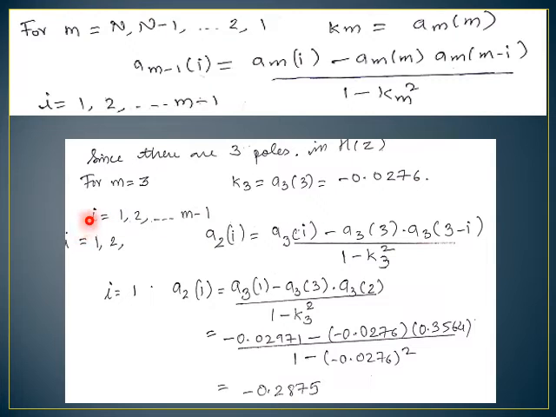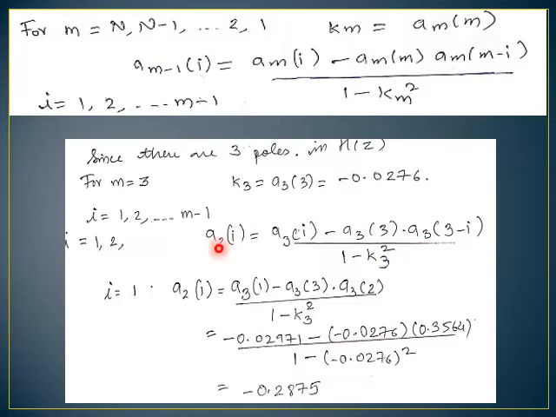Now the value of I is calculated by this formula and we get I as 1 and 2. So for m equal to 3, we need to calculate for I equal to 1 and I equal to 2. Looking at this formula for Am minus 1, it is a3 minus 1, so we get a2 of I equals a3 of I minus a3 of 3 into a3 of 3 minus I, divided by 1 minus k3 square.